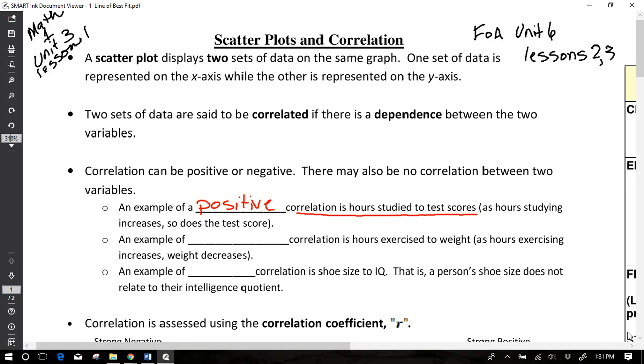An example of a negative correlation would be hours exercised. So the more I exercise, the lower my weight will be, or we hope. So that's negative. And then no correlation would be comparing your shoe size to how smart they are. All right, there would be no relation with those at all.